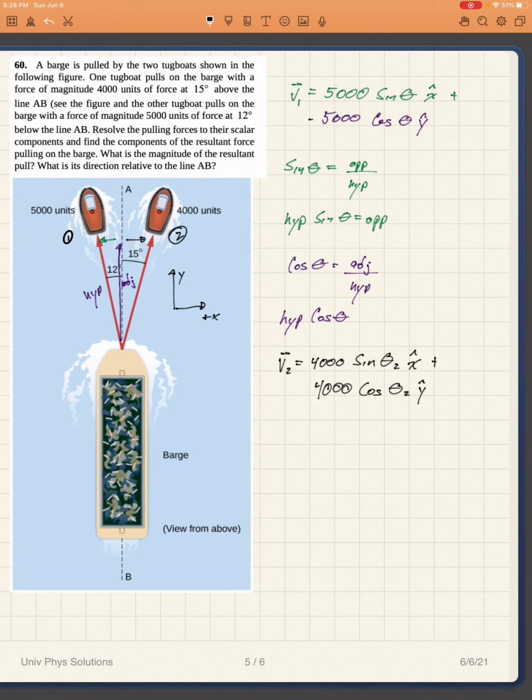So I would need a negative sign right there. And that goes to what I was saying before, that the components along the x direction are in opposite directions. So when we add the vectors b1 and b2, the x part is going to cancel out, if not completely, at least partially.